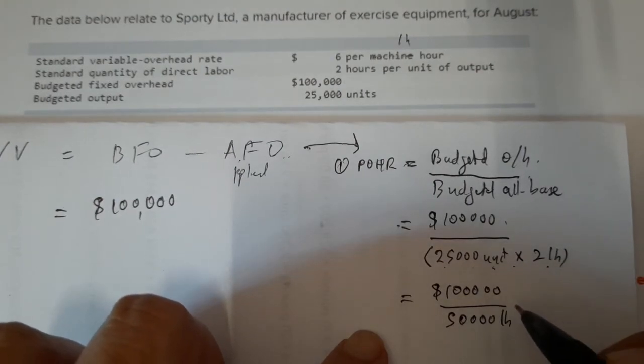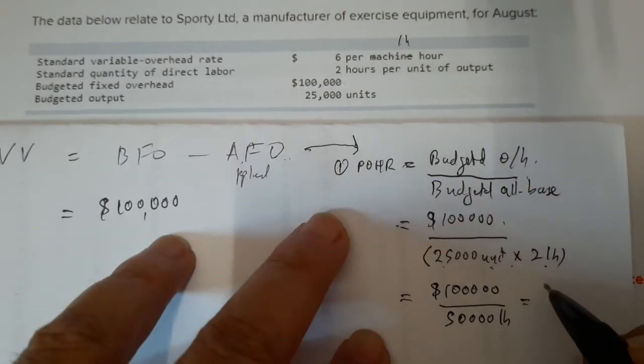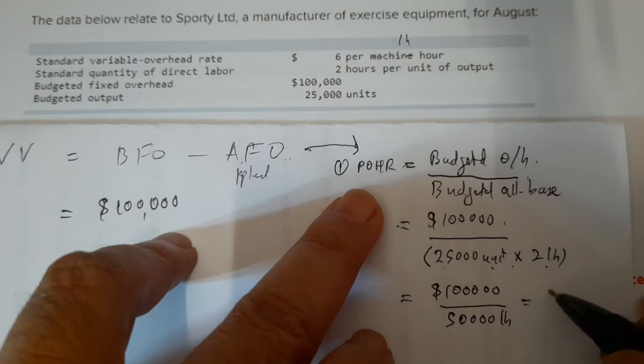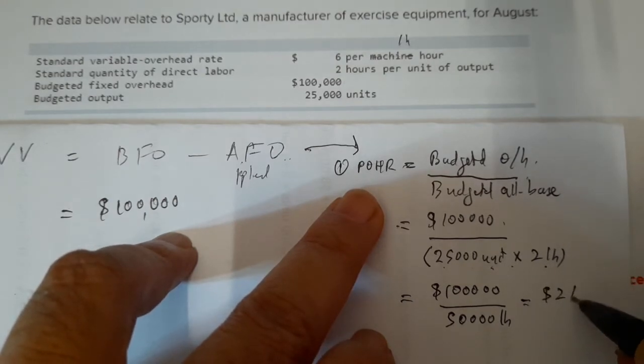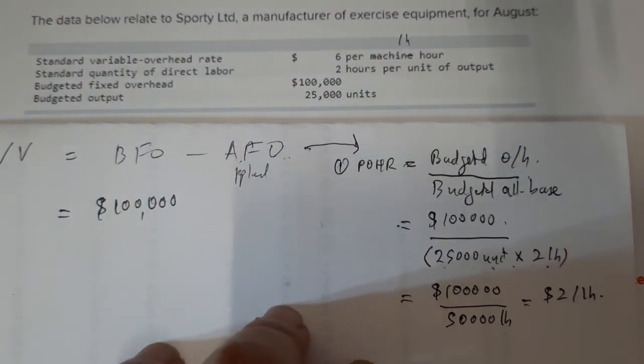So 100,000 divided by 50,000 labor hours. The budgeted or the predetermined overhead rate is equal to $2 per labor hour. Now you know the POHR.